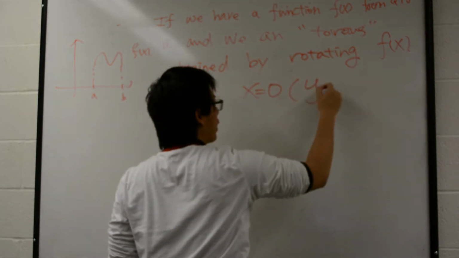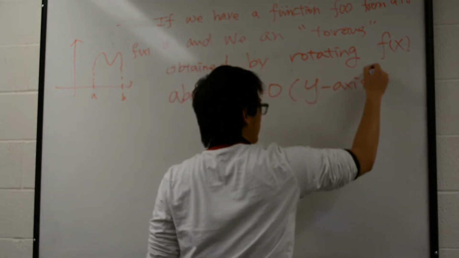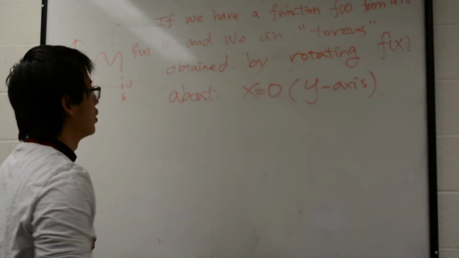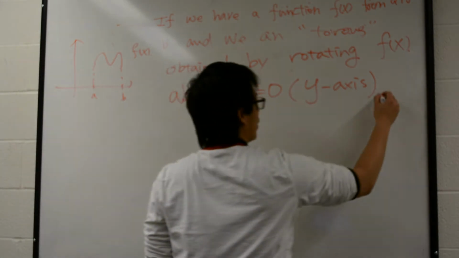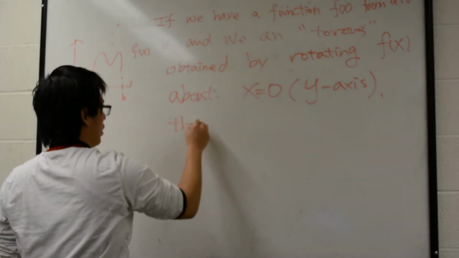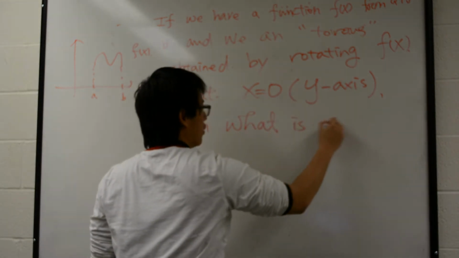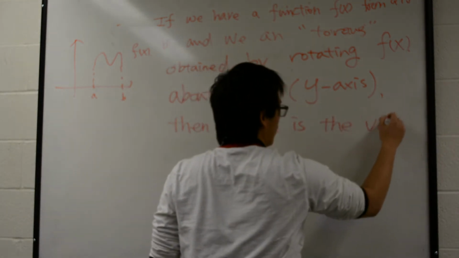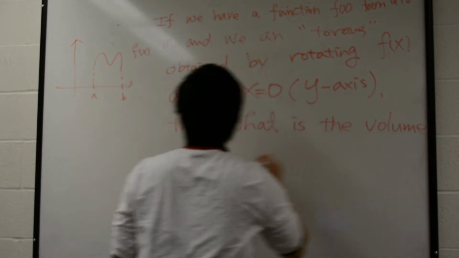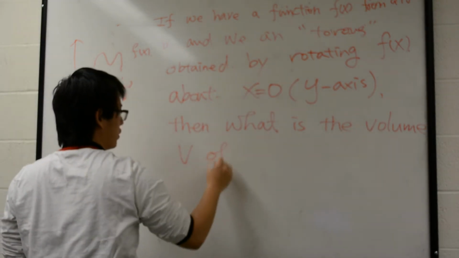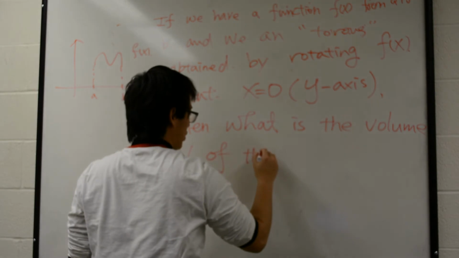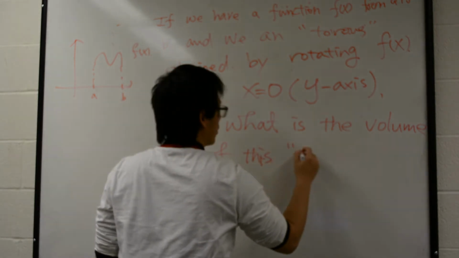That means the y-axis. Then what is the volume? Call it V of this torus.